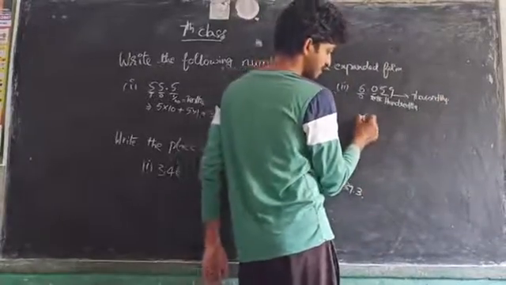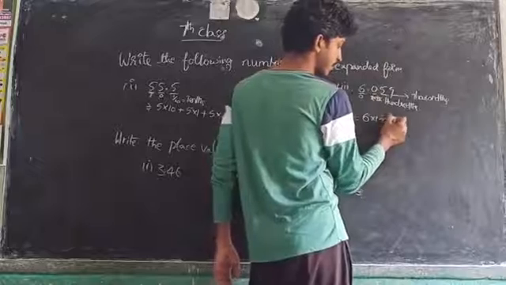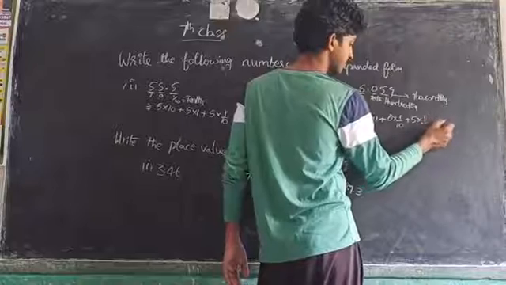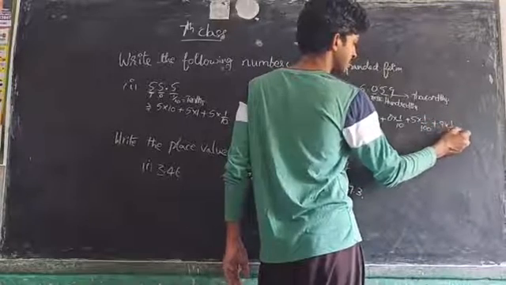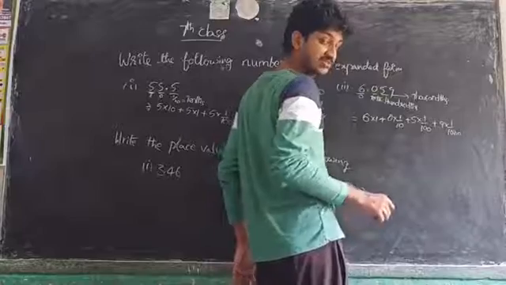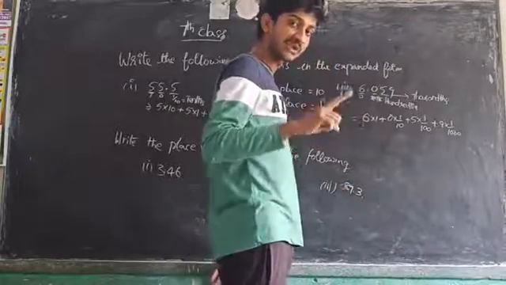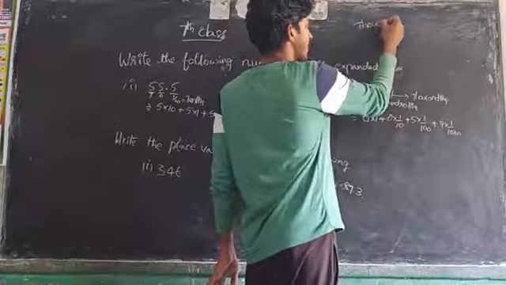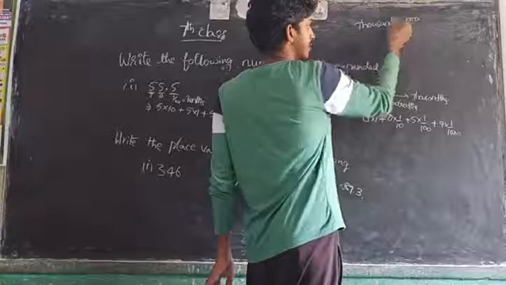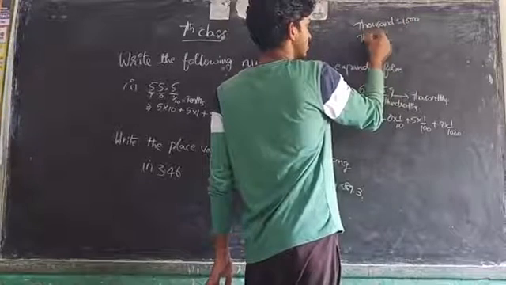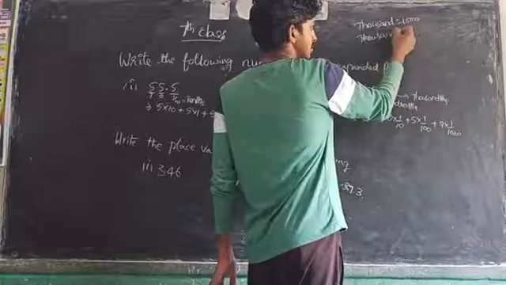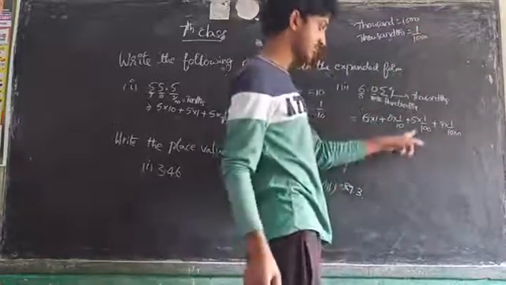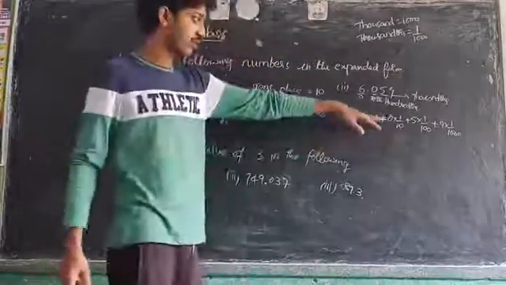Now we can write it as 6 into 1 plus 0 into 1 by 10 plus 5 into 1 by 100 plus 9 into 1 by 1000, because this is thousandths. Thousandths means 1 by 1000. That's why I am multiplying here with 1 by 1000 and also here with 1 by 100. This is the expanded form of this number.